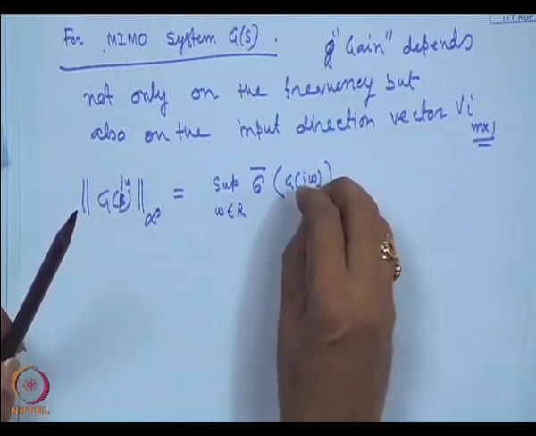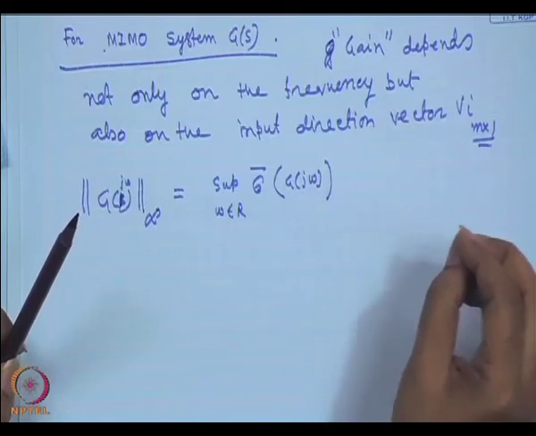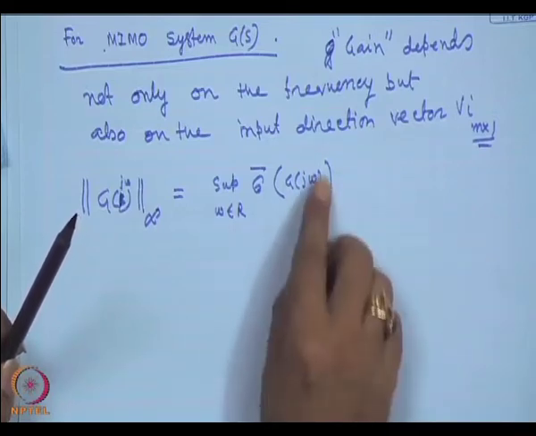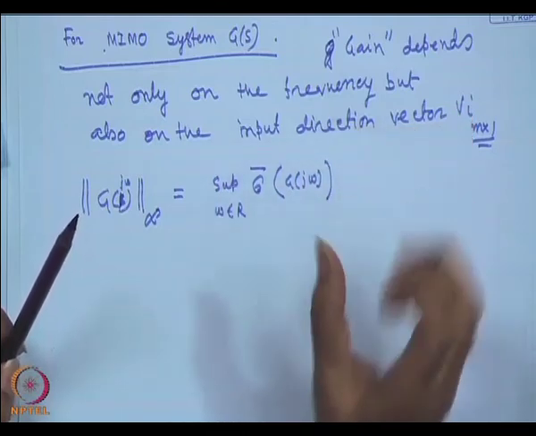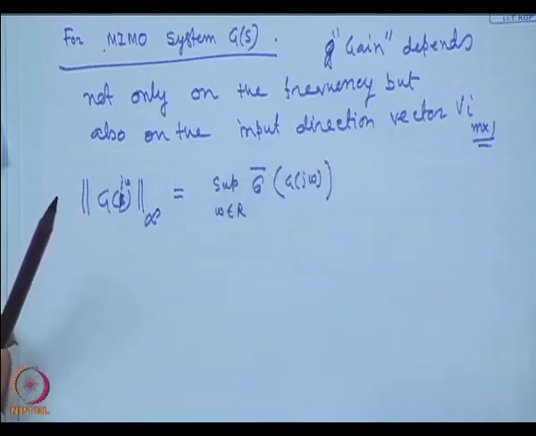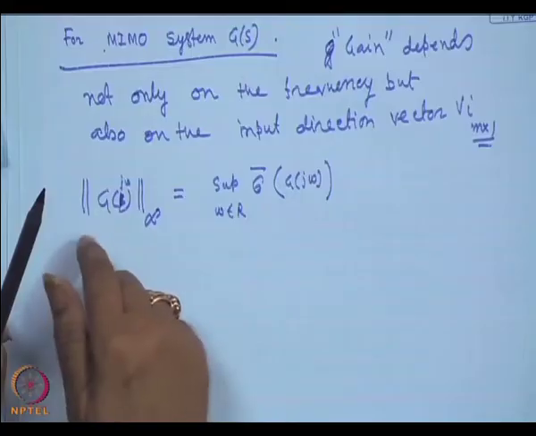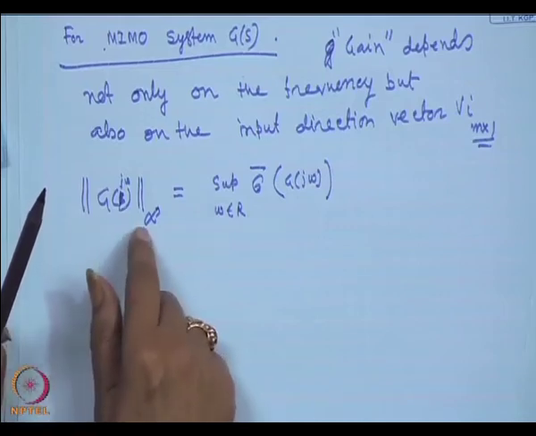Similarly, for another frequency, omega equal to omega 3, I find the singular values of the transfer function matrix and pick the maximum singular value. In this way I sweep the frequency from 0 to infinity, and the maximum among these gives you the H infinity norm of the system. It means that at that frequency, if the system is excited with V 1 in that direction, you will get the maximum gain of the multi input multi output system.